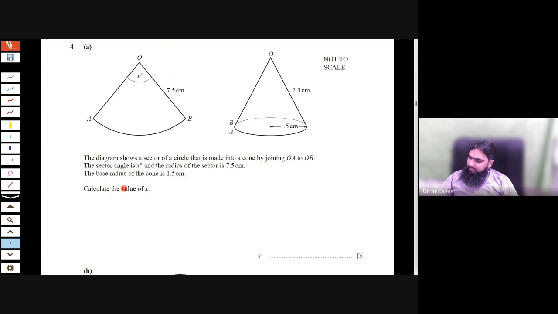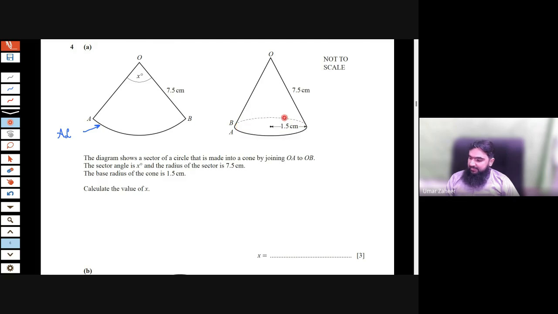Okay. Arc length. We have to find the arc length of this one. With the help of this, we are able to find the angle. And the arc of this length will become the circumference of the base of the cone.